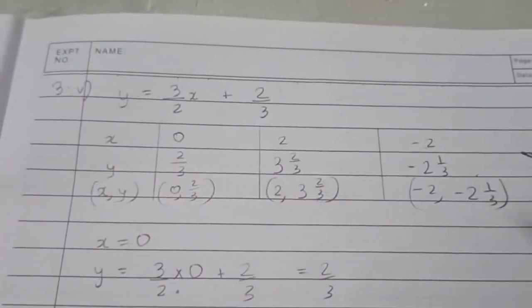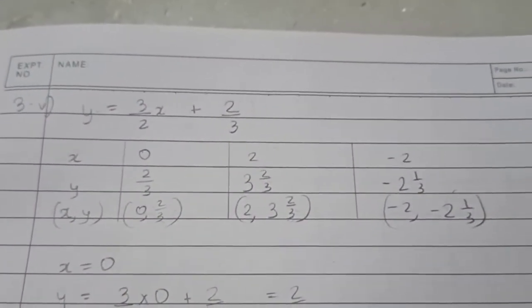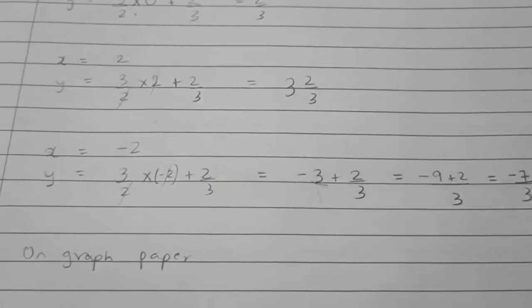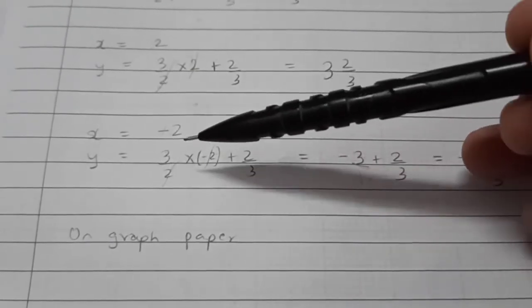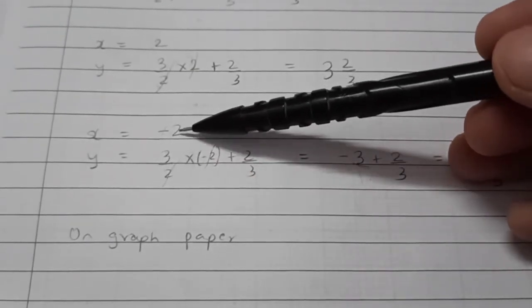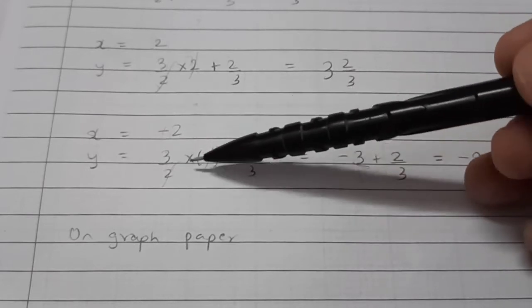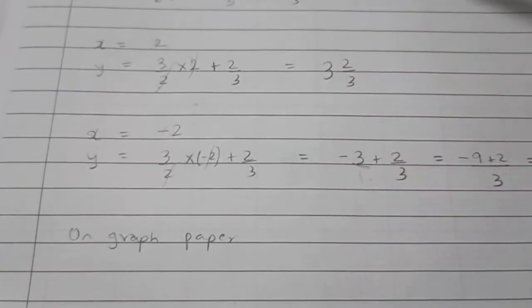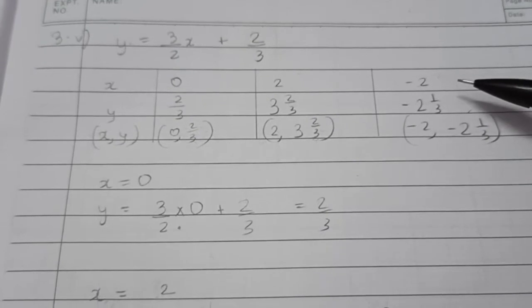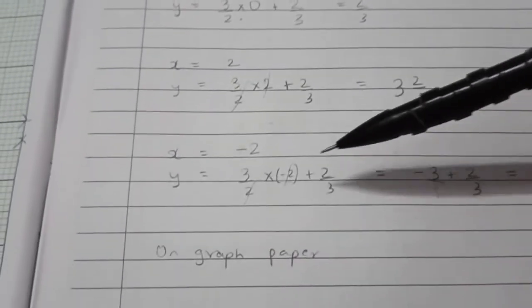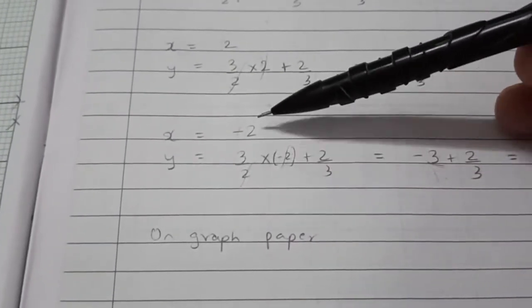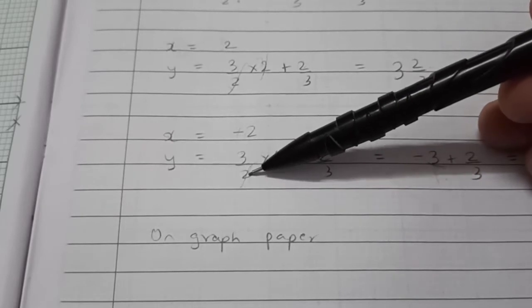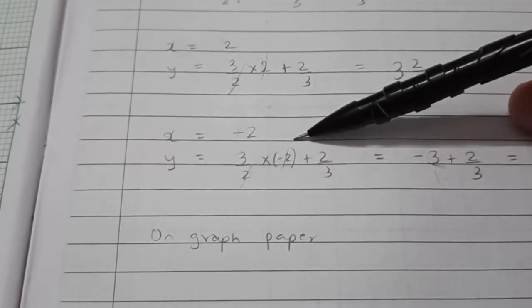Similarly, minus 2, minus 2, 1 upon 3. So if you look at the calculations here, I had taken x as minus 2 so that it can get cancelled. I could have taken x as 4 as well, but I didn't. We can't take x as 3. Please take a multiple of 2. Look at the denominator, that is 2, so take a multiple of that.